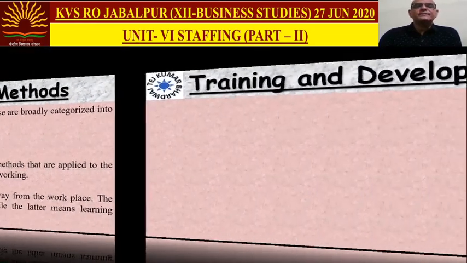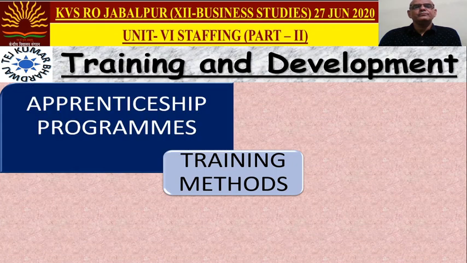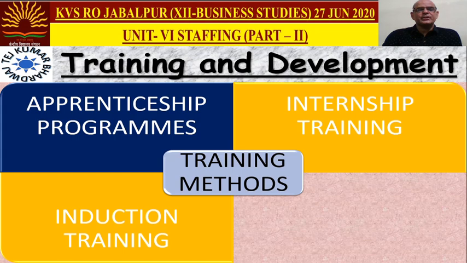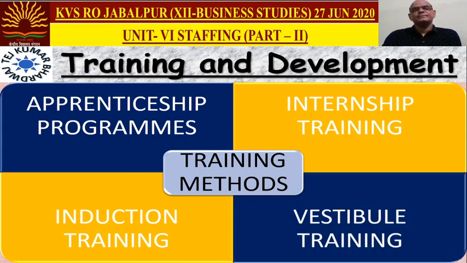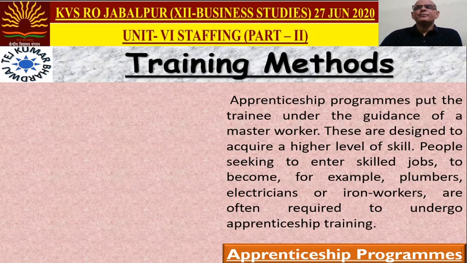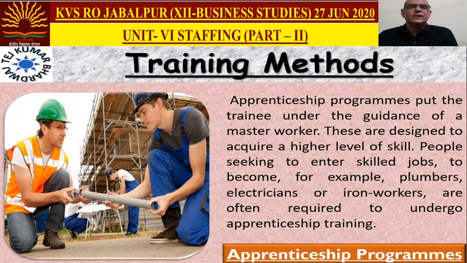So dear students, let us discuss all the 4 methods of training one by one. Apprenticeship programs, internship, induction, and vestibule. Apprenticeship programs: this training method is generally applied to trades, for example plumber, electrician, or motor mechanic.